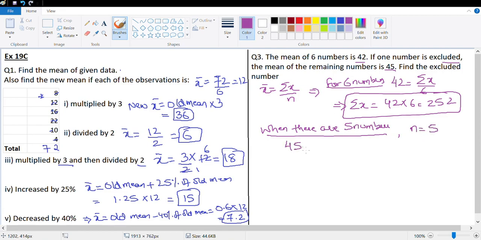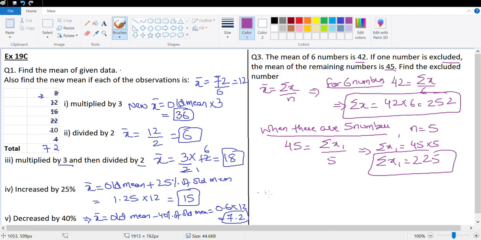So 45 is equal to summation x upon 5, which means summation x is equal to 45 into 5, which means the sum of 5 numbers is 225. Find the excluded number. Therefore, excluded number is equal to sum of 6 numbers minus sum of 5 numbers, which is 252 minus 225, which is equal to 27. That's the final answer. Let's look at the next question.